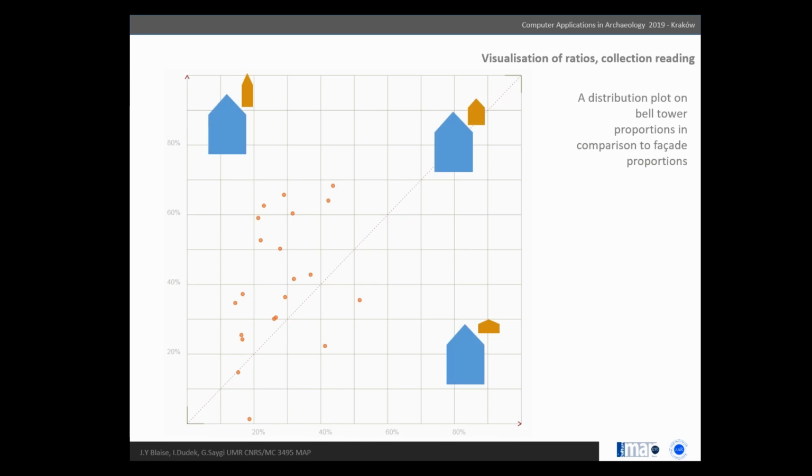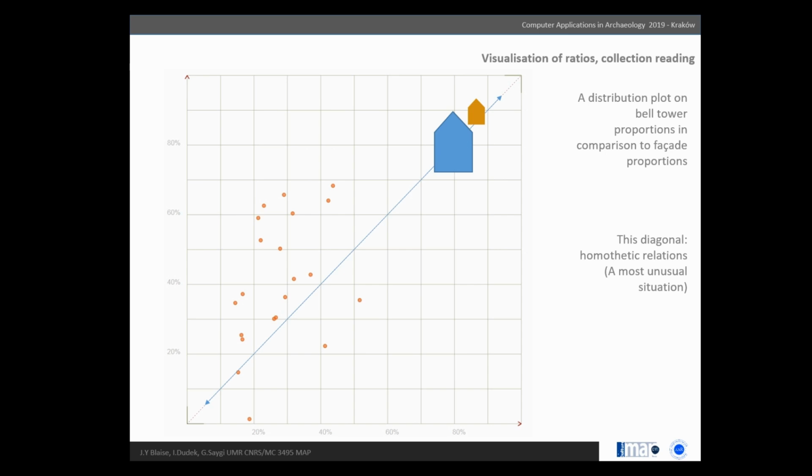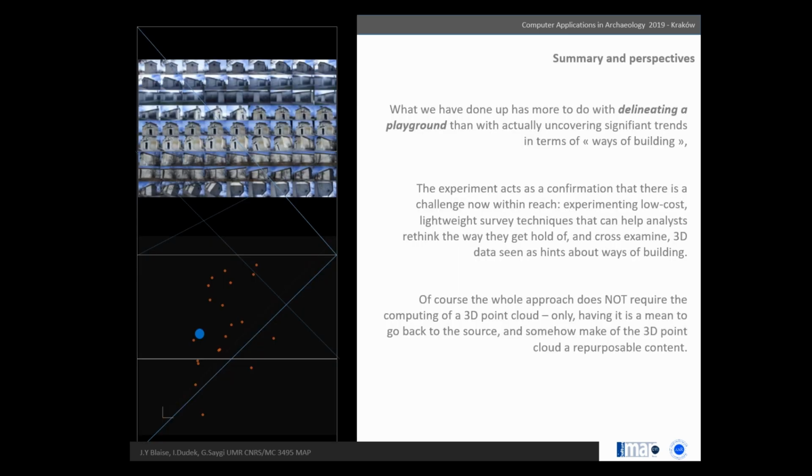All that is on the left and higher than the diagonal are bell towers that are higher, thinner than the facade. All that is in the bottom right, flatter. And what you see on this clearly is that, in fact, only one of these bell towers is in homothetic relation with the facade.